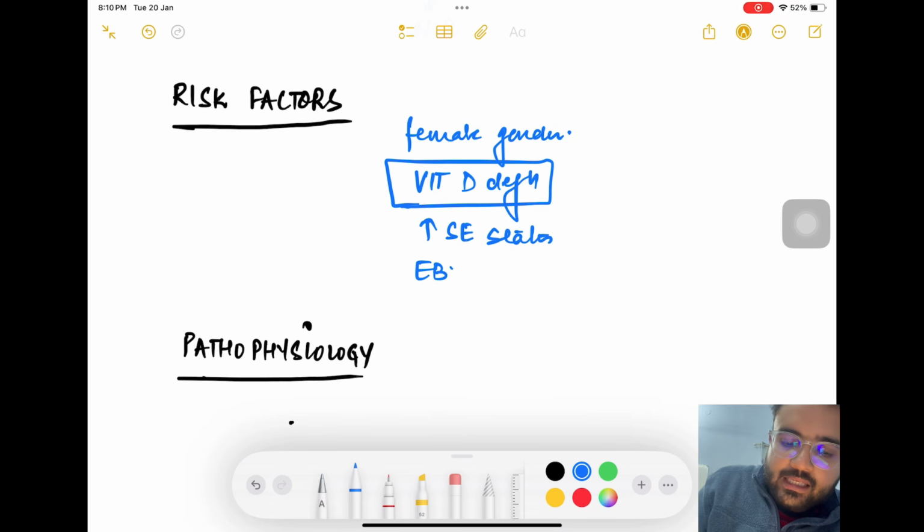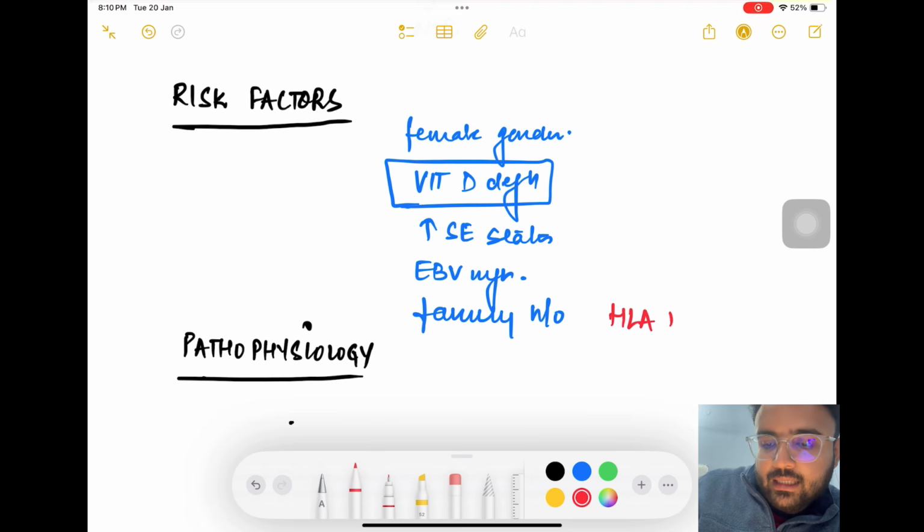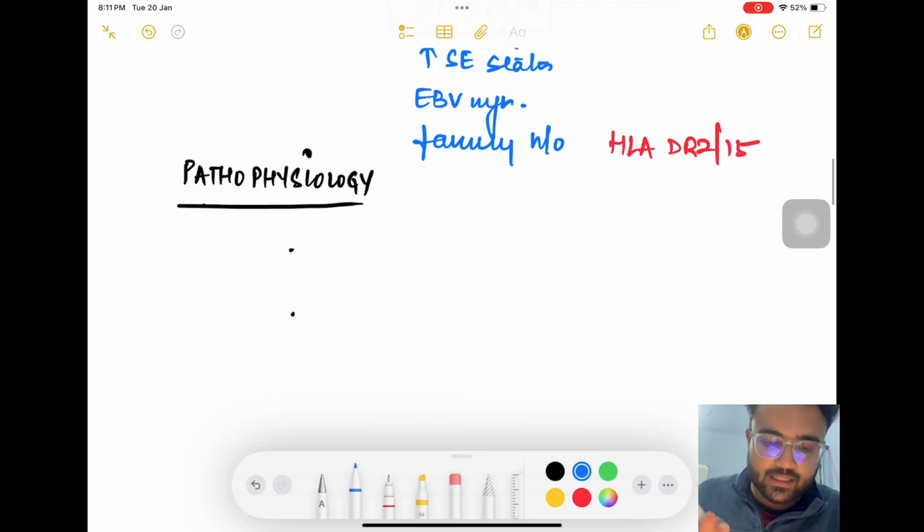There is EBV infection, and family history involvement, with HLA-DR2/15.